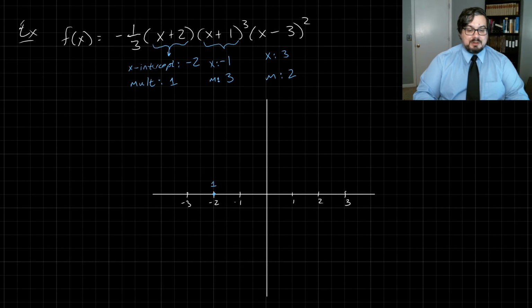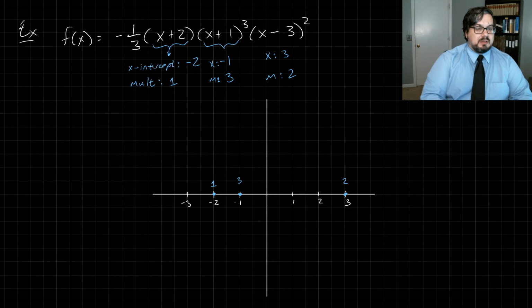We'll just remind ourselves that this has a multiplicity of 1. We don't need to use this notation here, but it can be helpful. Now, the 0 at -1 has a multiplicity of 3, and we've got a third intercept at 3 with a multiplicity of 2.